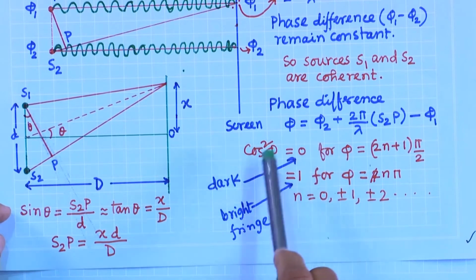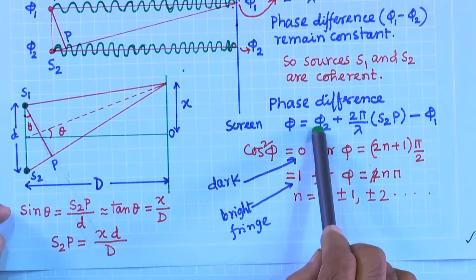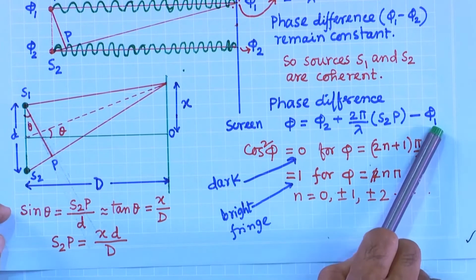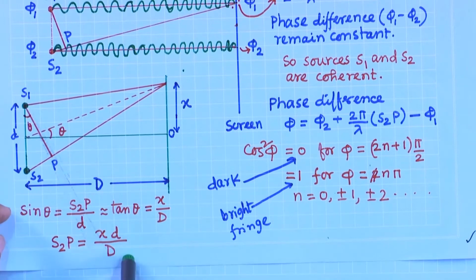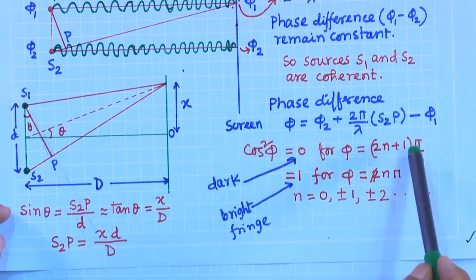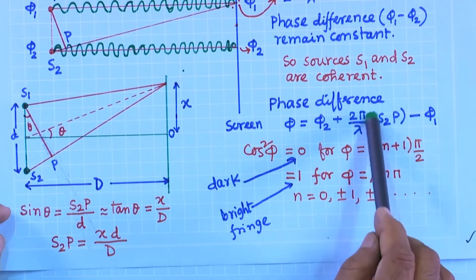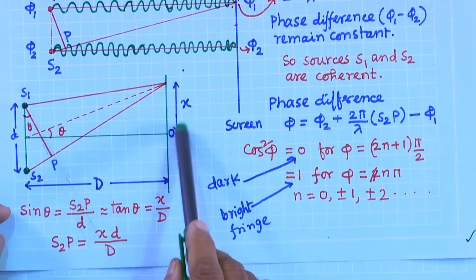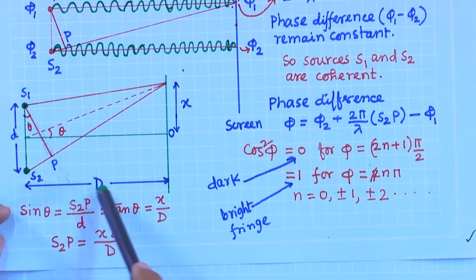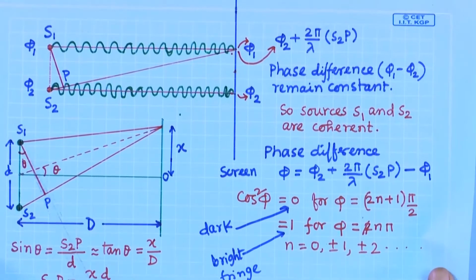So in this relation, this phase difference, S2P that we found is this. So this can be replaced here, and then in terms of the parameters x, small d, capital D, we will get the phase difference. Okay. So, condition for dark and bright fringe.